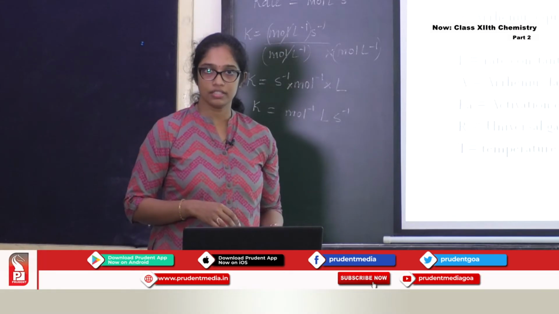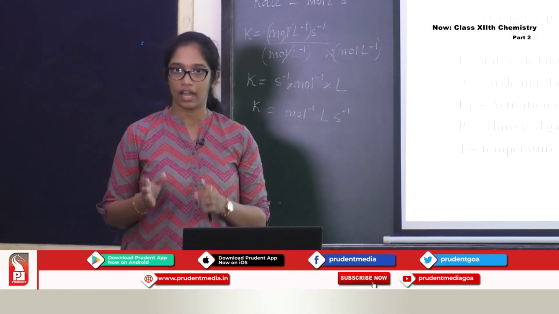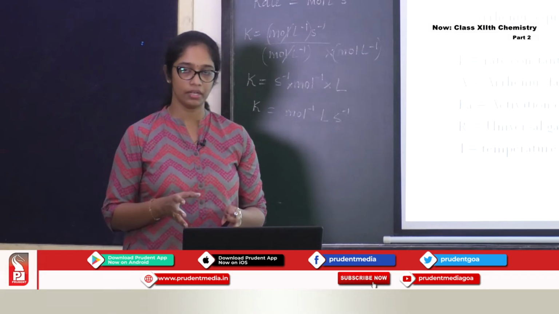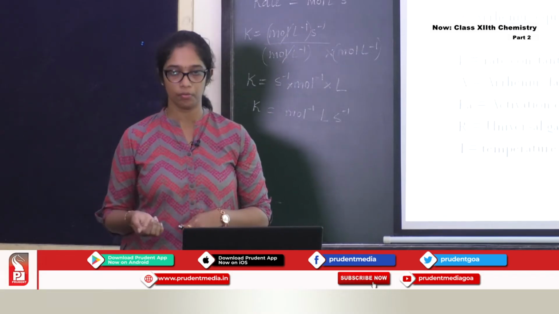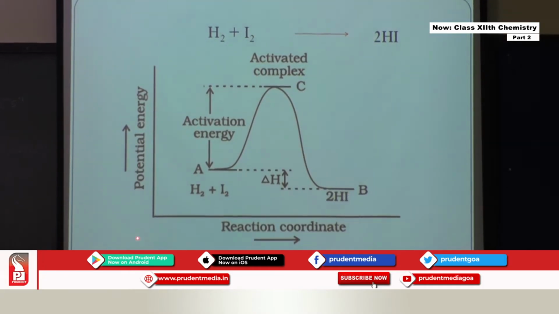Alright. So in this theory we have reactants reacting to give you activated complex and the activated complex disintegrating to give you products. Now if you look at this plot here of potential energy versus reaction coordinates, you have the reactants hydrogen and iodine giving you products hydrogen iodide.